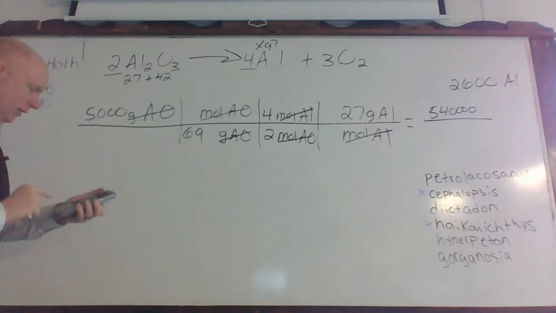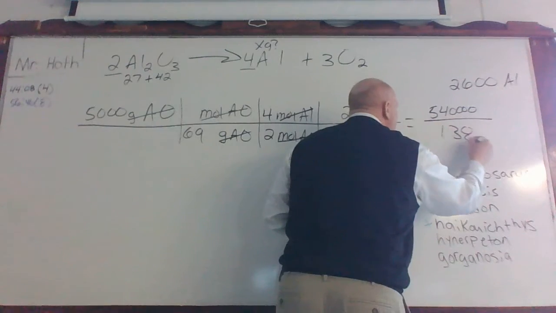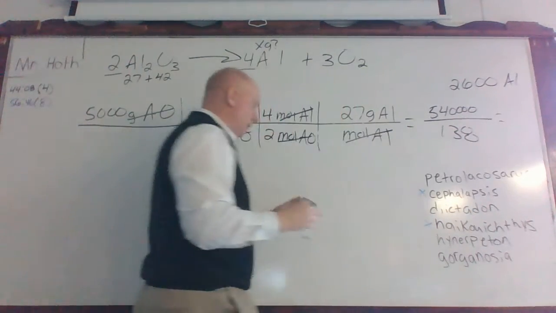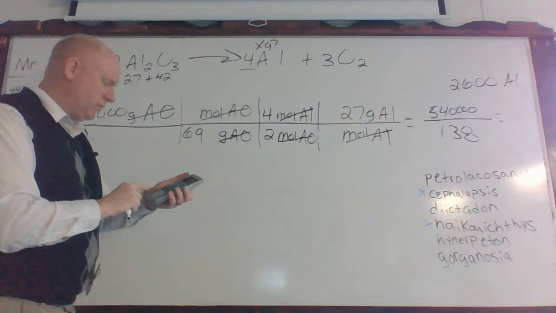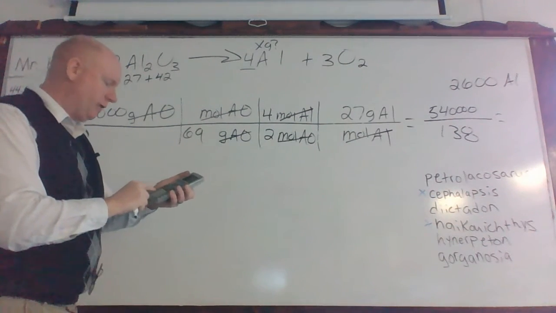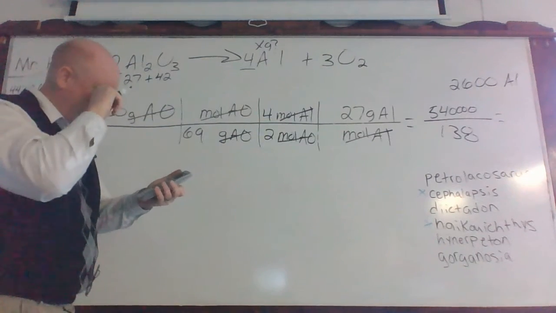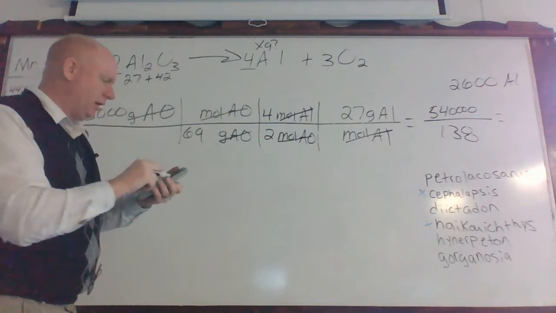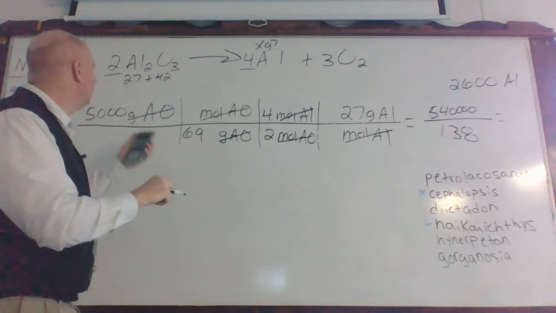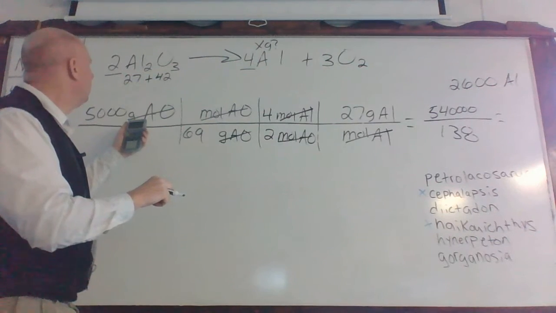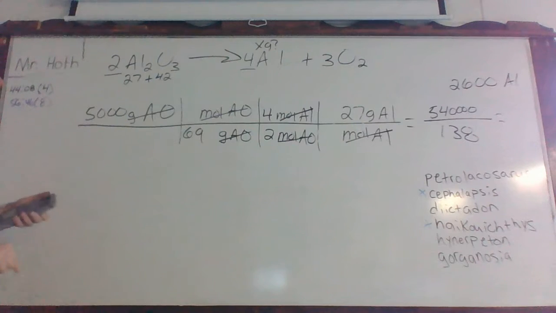Almost a catastrophe there. 138. So 5, 4, 1, 2, 3, 4, divided by 138. Something's not right here. I wrote it up here, but I didn't take it times 2.